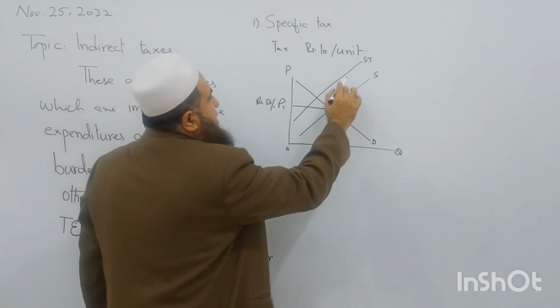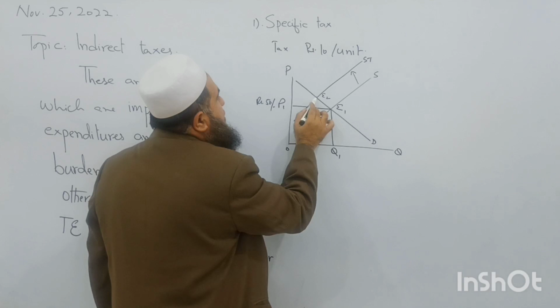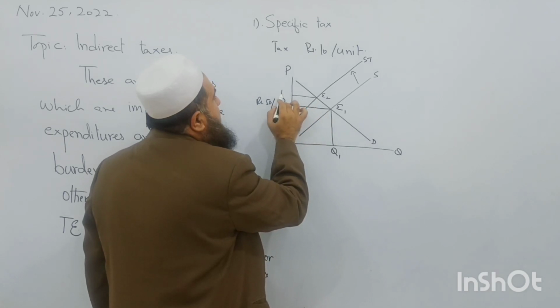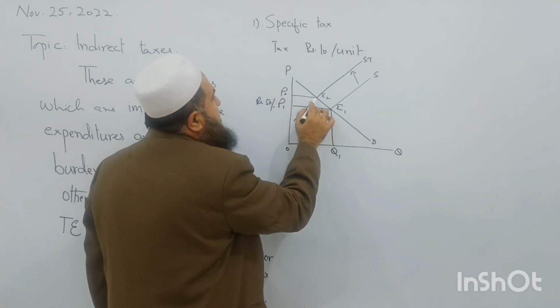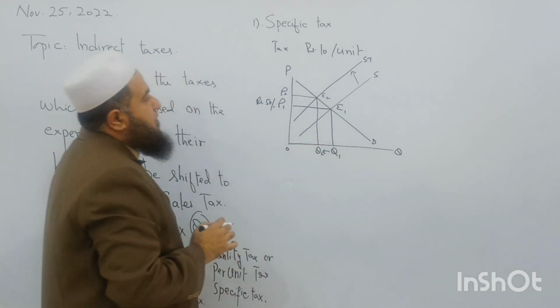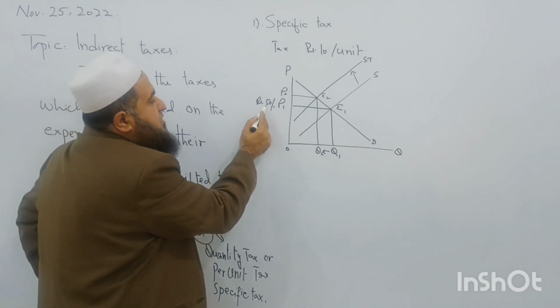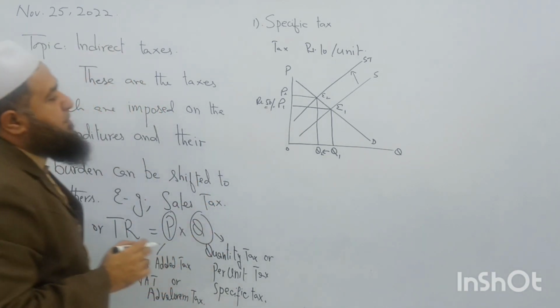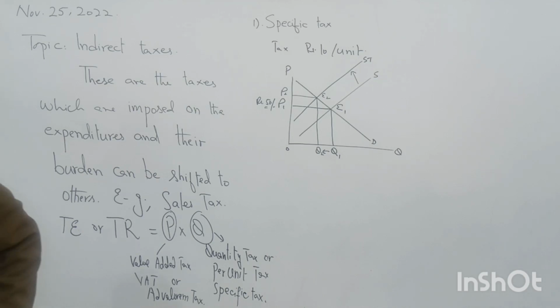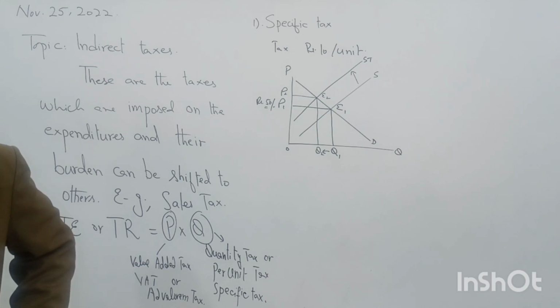So now where is the equilibrium? This is the new equilibrium point, where this is the P2 price and this is the quantity Q2. Now see over here, before the tax price of the product was 50 rupees. Now how much price is paid by the consumer at the new equilibrium point?